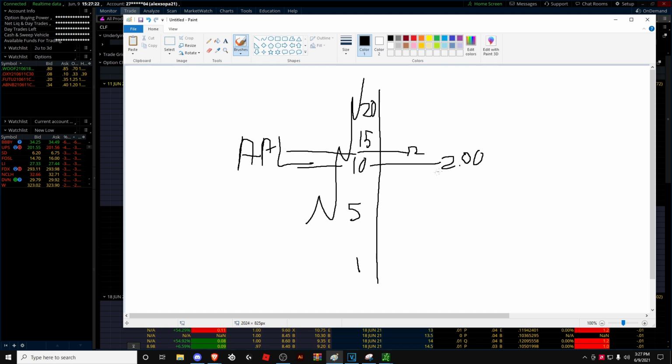Now this is worth $200 and it's called intrinsic value, because when this is $2 in the money, which means the price is above your strike, you then have $2 per share in profit. And since you paid $2 per share, now you're break-even. You don't lose anything.